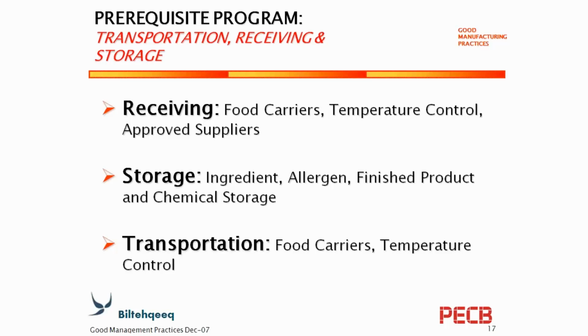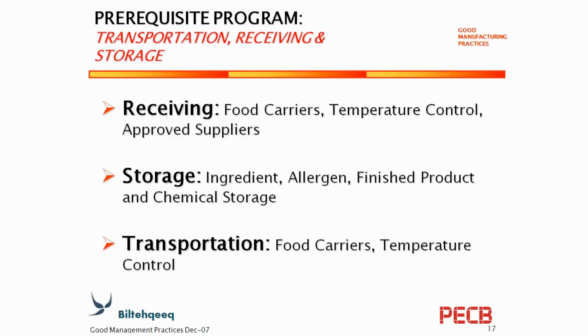And the same is for the storage. The finished products and chemical storage, if it is not in the proper way, it may be damaged, or it may be contaminated.